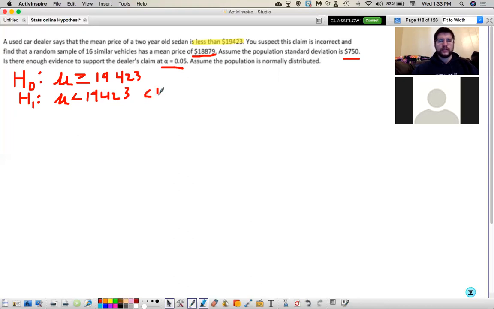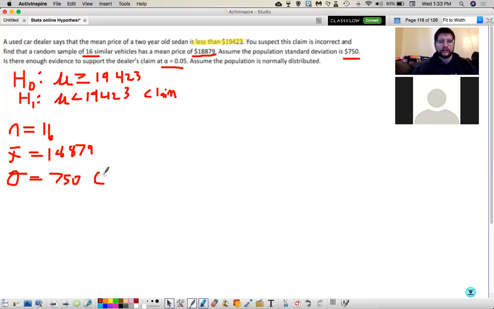Our claim is in the alternative. Write down our key information: 16 vehicles, X bar, a mean of 18,879, and it tells us the population standard deviation, 750. That makes this a Z test.